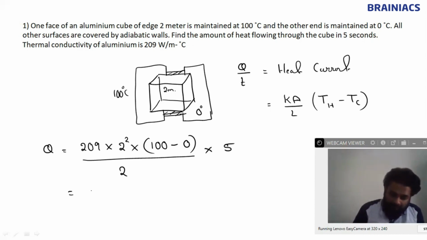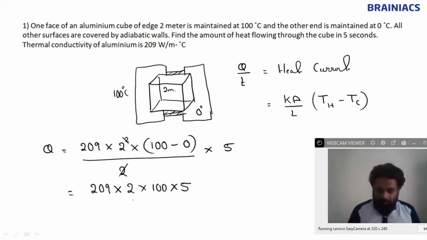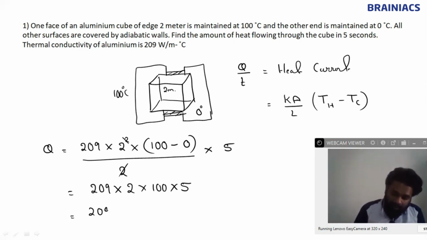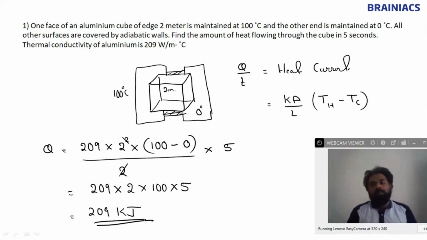If we simplify this, the 2 squared cancels with the 2, and this is 100 into 5. So 5 into 2 is again 10, so we can note that 10 raised to 3. So 209 kilojoule. This is the amount of heat flowing through the cube in 5 seconds. So this is a question on thermal conductivity. Shall we move to the next problem?